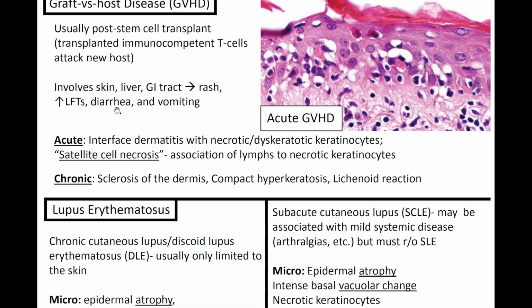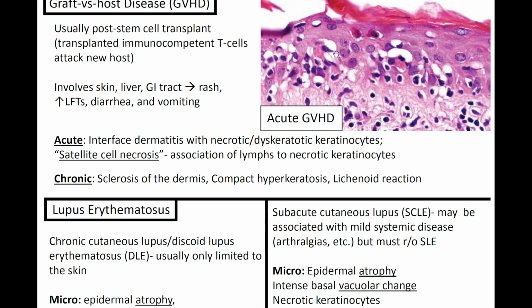Next up, we've got graft versus host disease, GVHD. This is usually post-stem cell transplant, that's transplanted immunocompetent T cells attacking the new host. It involves the skin, the liver, GI tract, and can cause a rash, elevated LFTs, diarrhea, and vomiting. And this is acute GVHD pictured here on the right. You can see that kind of vacuolar change.